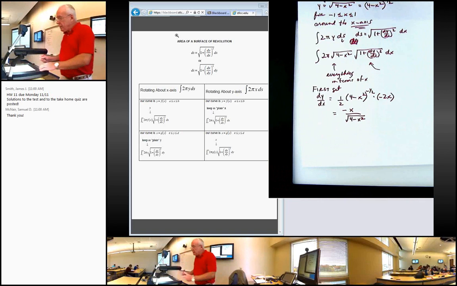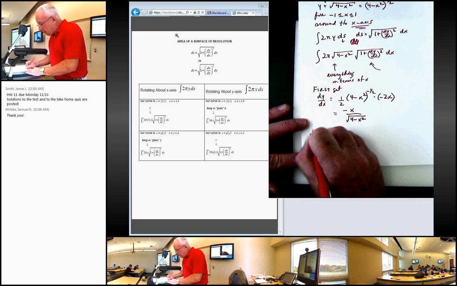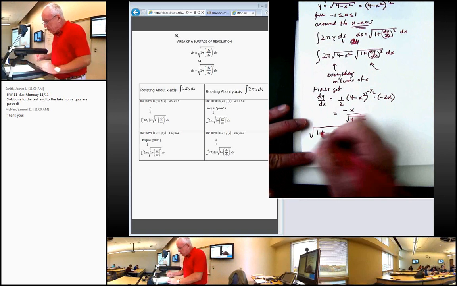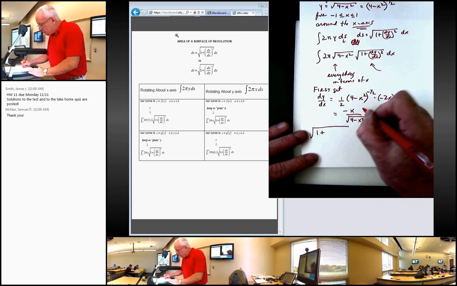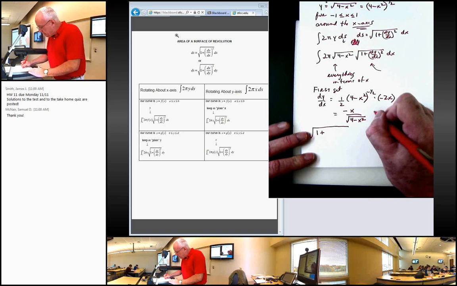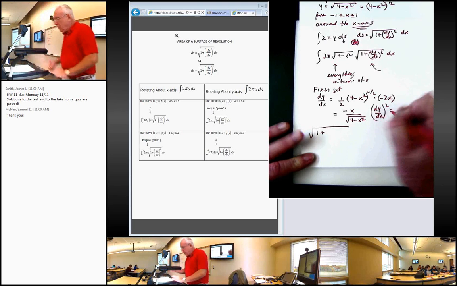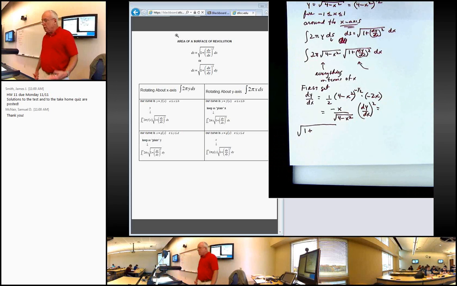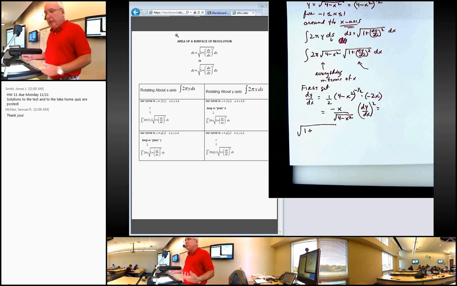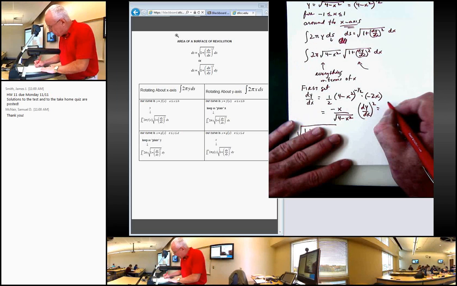So now let's figure out what we have under the radical. So it's 1 plus the square of this. Well, what's going to be the square of this dy/dx? Okay, well the top part is just going to be minus x times minus x, so that's going to be x squared.